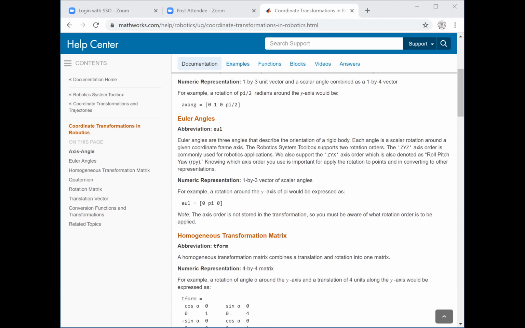So our sign convention is Z is yaw, Y is roll, and X is pitch.